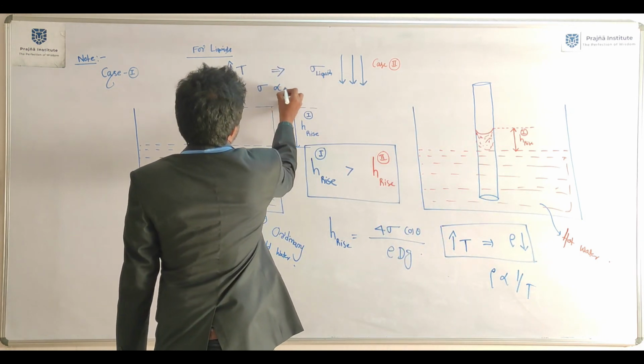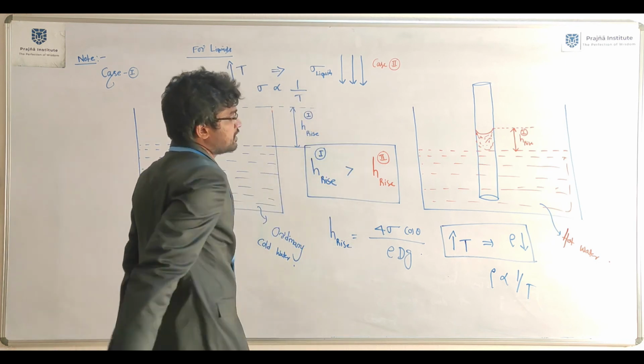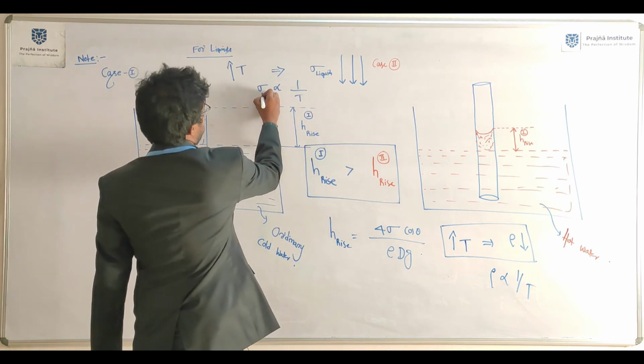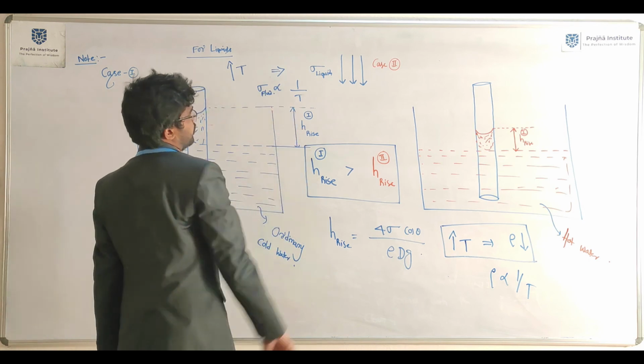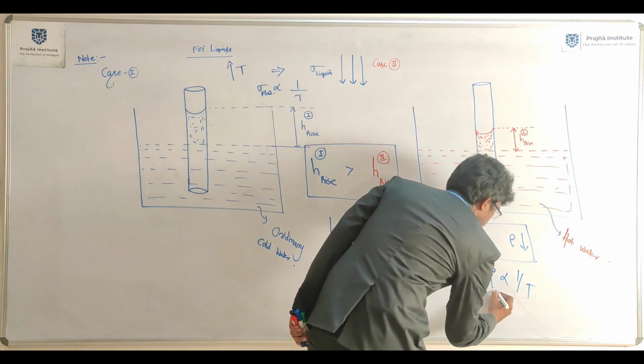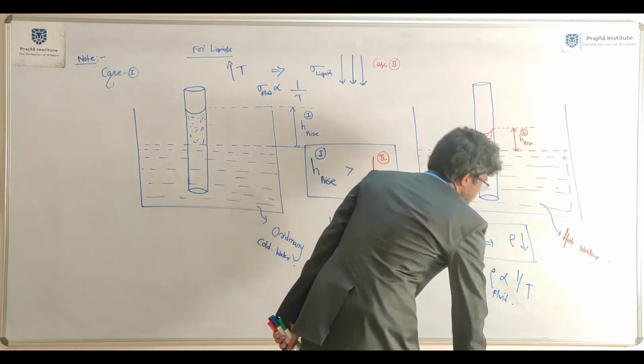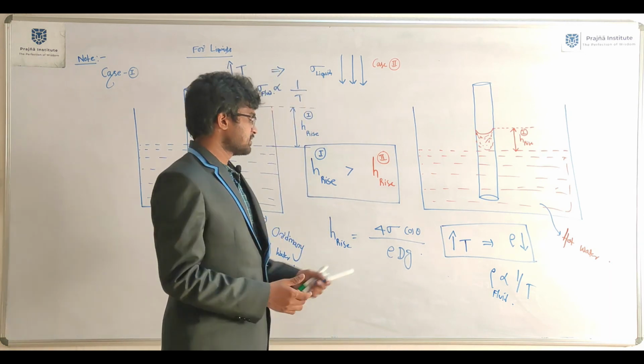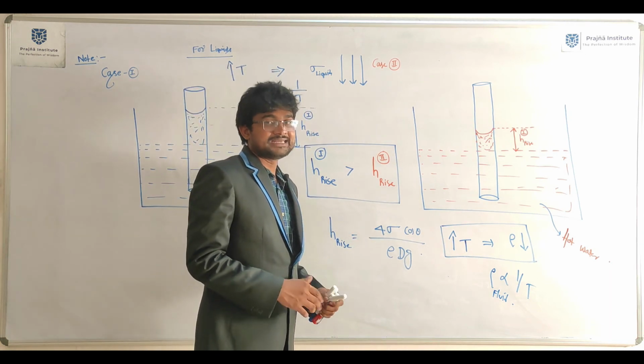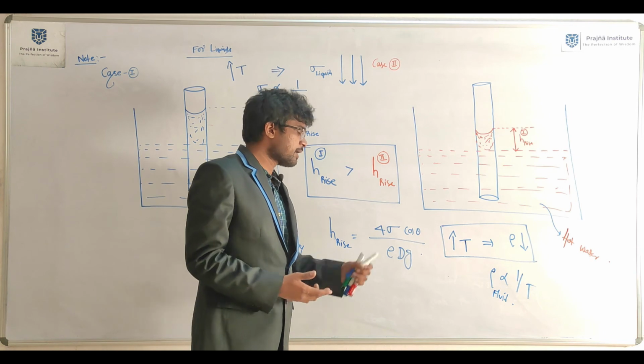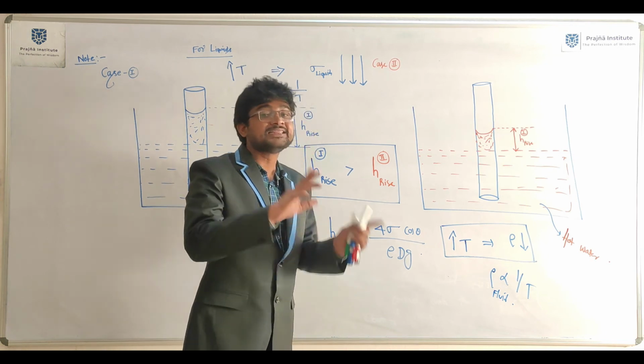Surface tension is also inversely related with temperature. It is all about the density of the fluid. Understood now? Here sigma decreases more compared to the decrement in the density.